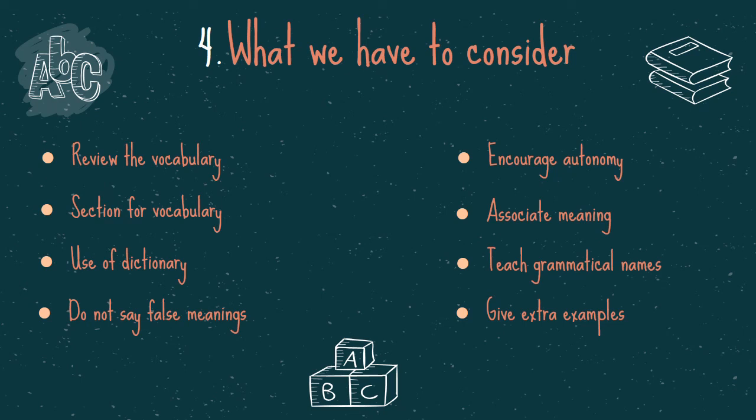We have to teach our students that they have to use their dictionaries if they have any doubt about the meaning of one word. So we can tell them to bring a dictionary to the class and use them when it's necessary.